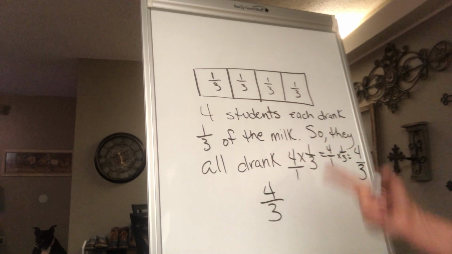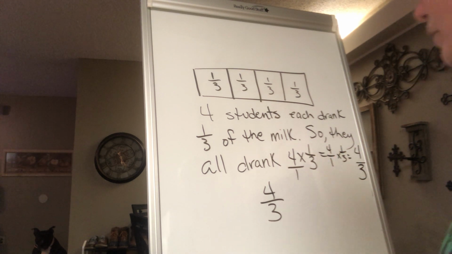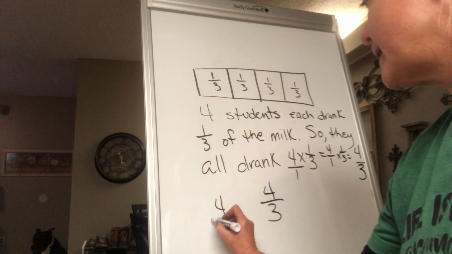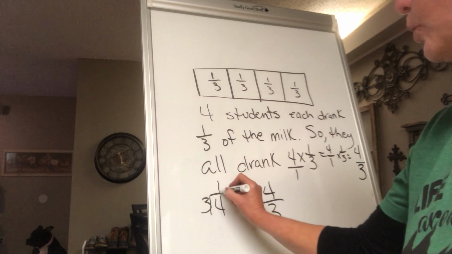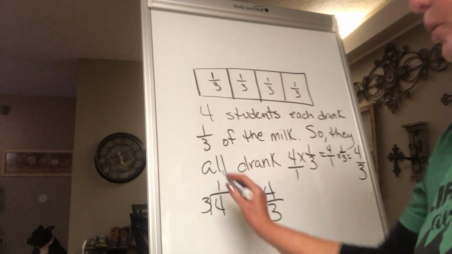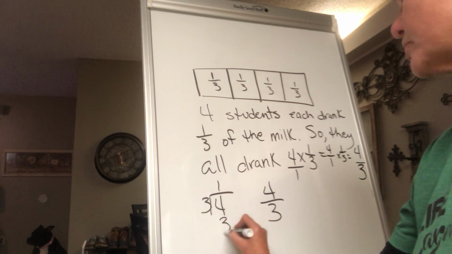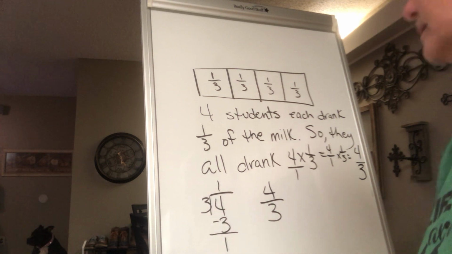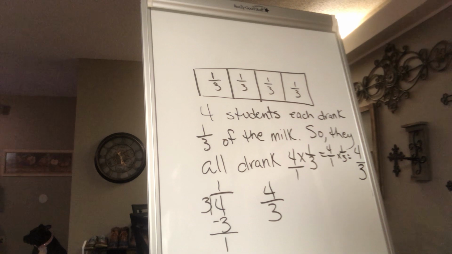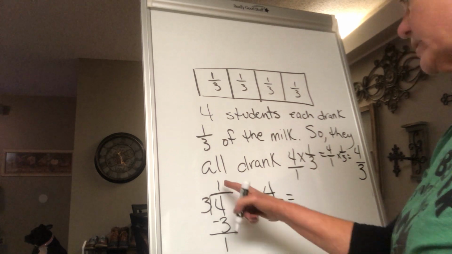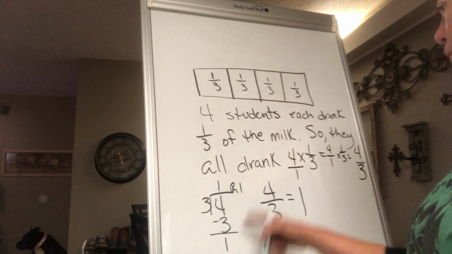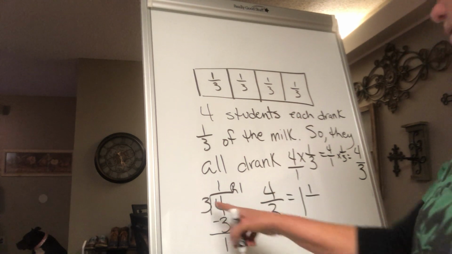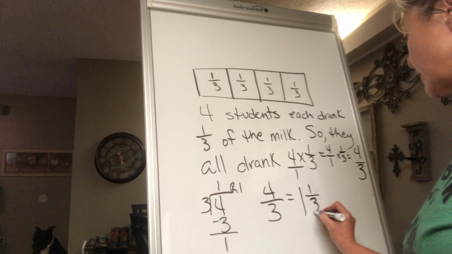Now, that's an improper fraction, so if I went over to the side and did the math, 4 divided by 3, 3 goes into 4 one time. 1 times 3 is 3. I subtract, and I get 1. So this would be equivalent to 1 whole 1, and 1 was remaining. We were dealing in thirds.